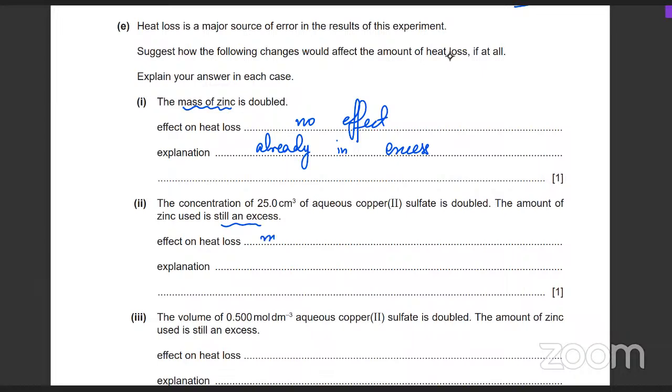So if there's more reaction, more heat is produced, right? So if there's more heat produced, there's obviously going to be more heat loss, right? I mean, that's basically your explanation for that as well.